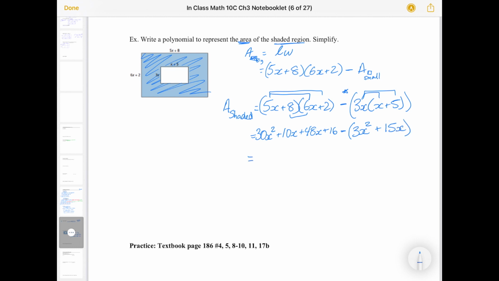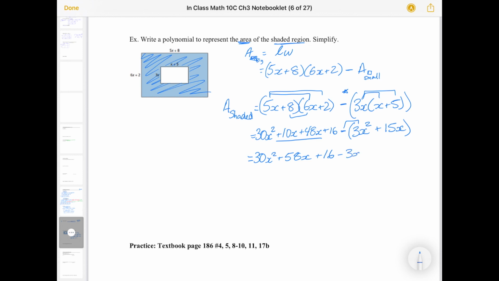All right, let's group our like terms and deal with this negative sign. So I've got 30x squared, plus 10x plus 48x, so this is going to be plus 58x plus 16. Now I need to distribute my negative sign.